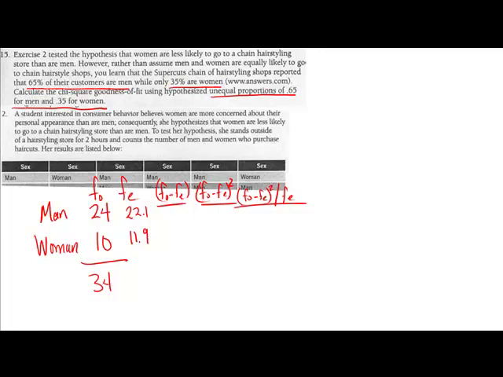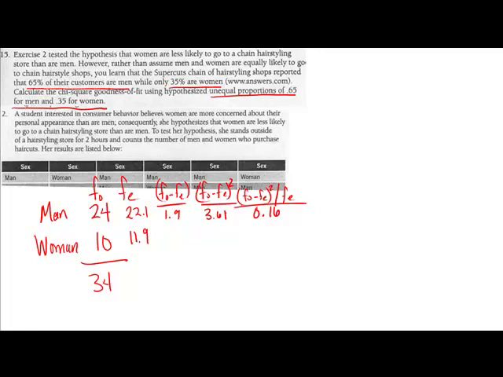So I've got some calculations to make. Grab my calculator. 24 minus 22.1 equals 1.9. Squared is 3.61. And 3.61 divided by the frequency expected, 22.1, this is 0.163. So 1/6.